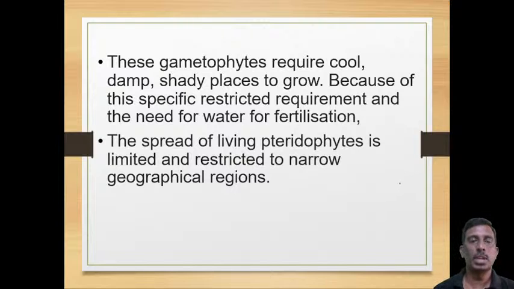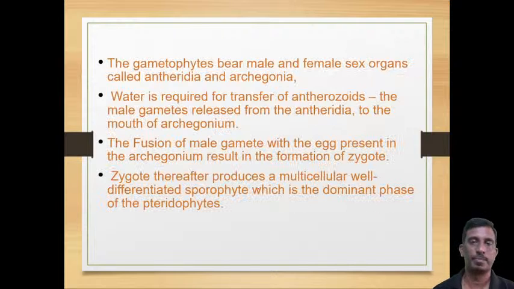So this prothallus, the gametophyte, will grow in damp and shady places. Why? Because water is required for fertilization. That's the reason why the distribution of pteridophytes is restricted to specific geographical regions. On this prothallus there are male and female sex organs.